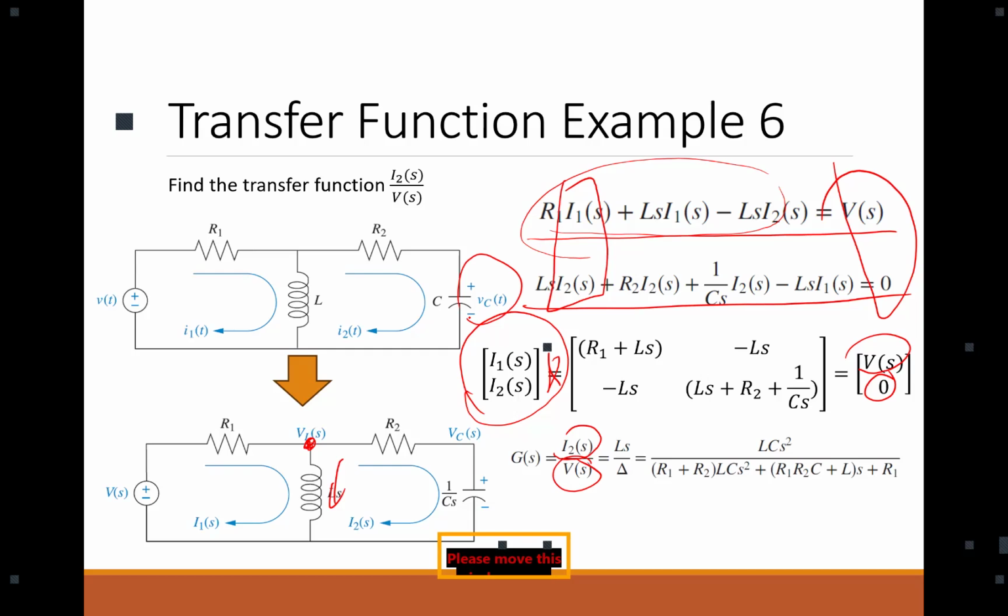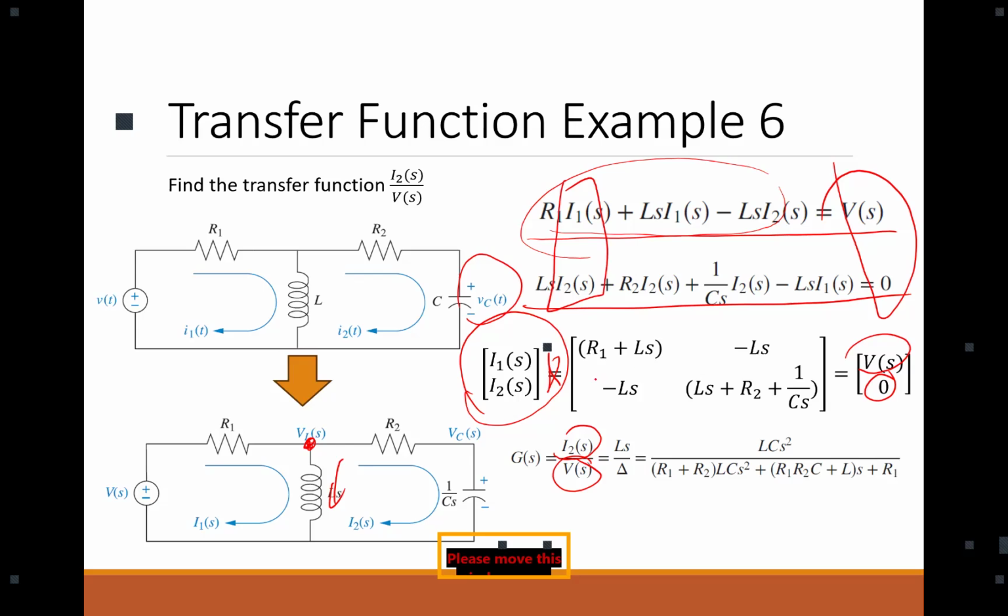So in this equation, if we find I2 over Vs, it simply means that we have Ls squared. If you take the inverse of this matrix, you know how to do the inverse, right? Inverse of the matrix, right? Search on that. We are going to solve some examples later on because I don't want to spend so much time on each example.